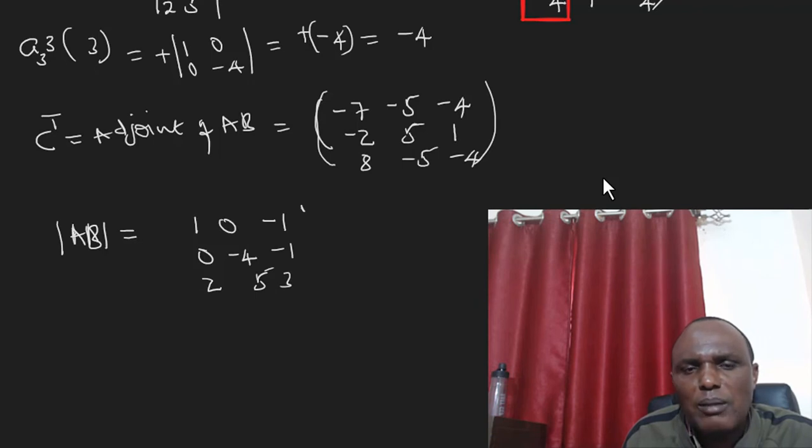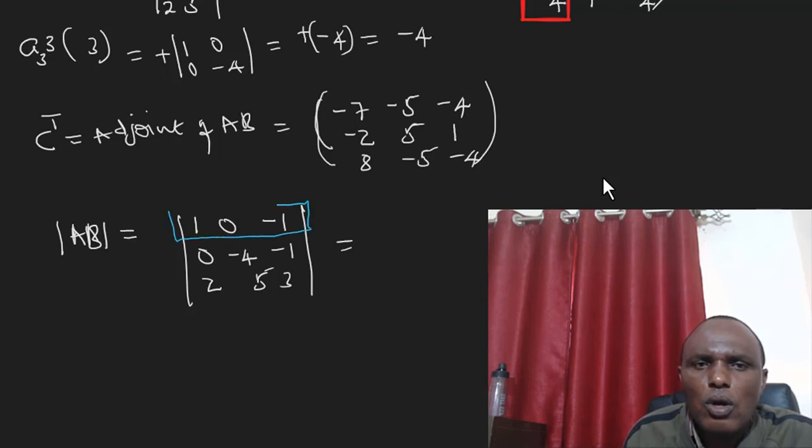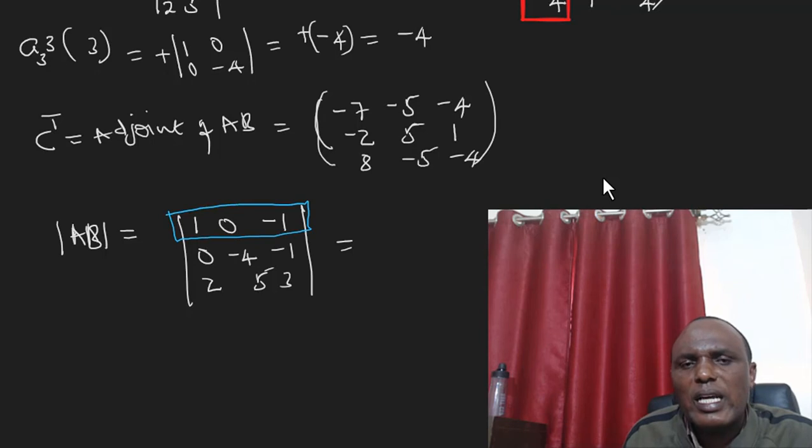To get the determinant of this matrix, we simply get the sum of the products of the cofactors with the elements in any row or any column. For example, I will use the first row to get the determinant.